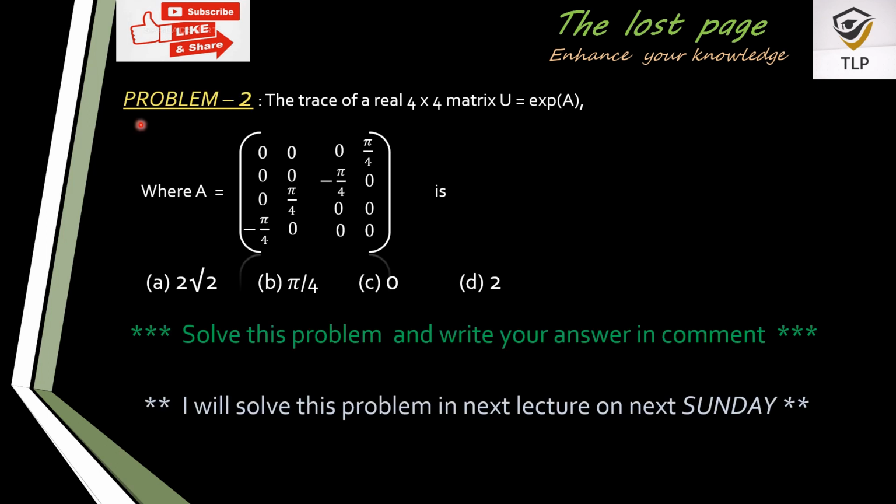I told you that at the end of this lecture there will be a problem. So here the problem is: the trace of a real 4 cross 4 matrix U equal to exponential A, where A equal to 0 0 0 pi by 4, 0 0 minus pi by 4 0, 0 pi by 4 0 0, minus pi by 4 0 0 0, is option A 2 root 2, option B pi by 4, option C 0, option D 2.